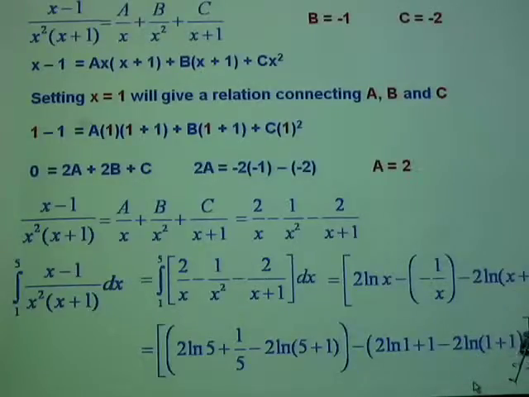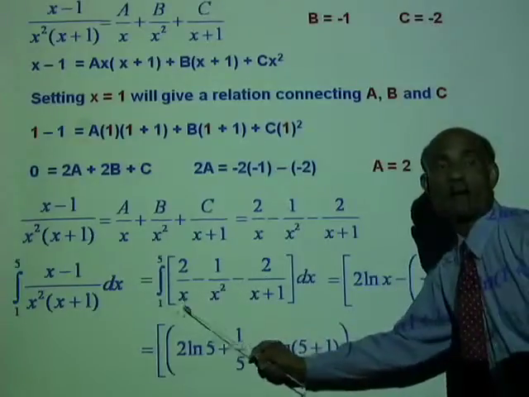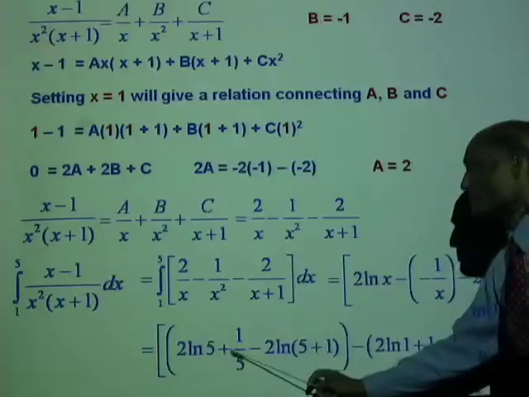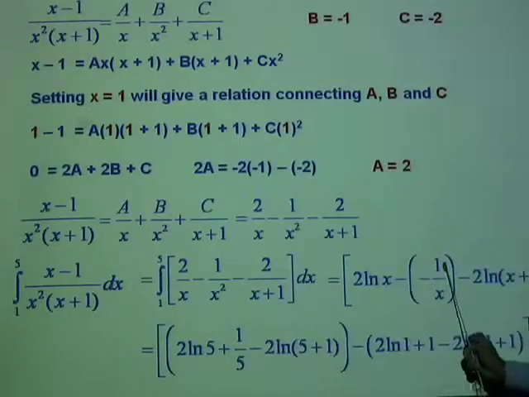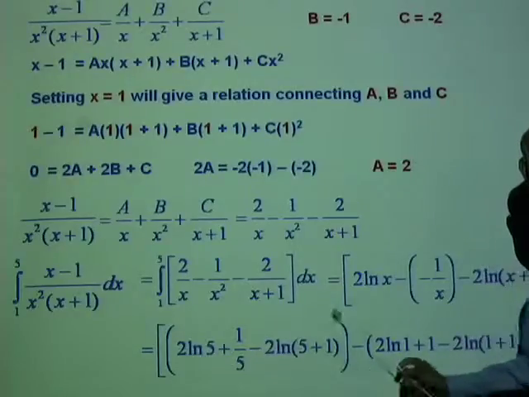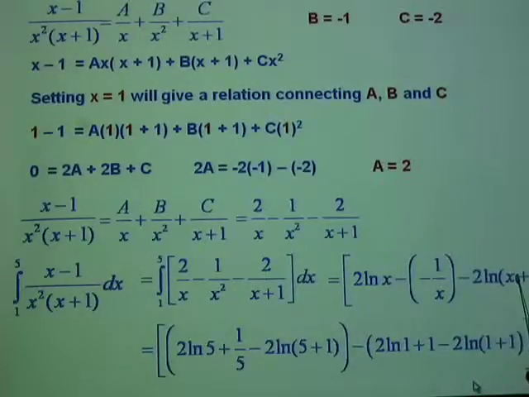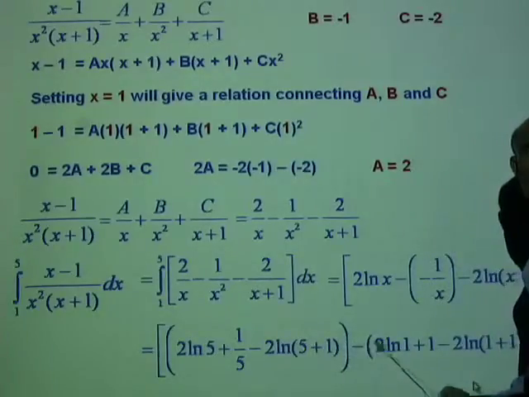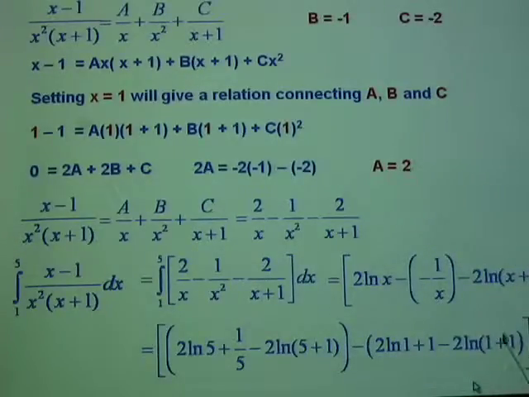First use the upper limit, replace x by 5. That will be 2 ln 5, plus 1 over 5, these two negatives become plus, minus 2 ln 6. This is the upper limit. Minus, now replace x by 1: 2 ln 1 plus 1, minus 2 ln of 1 plus 1.